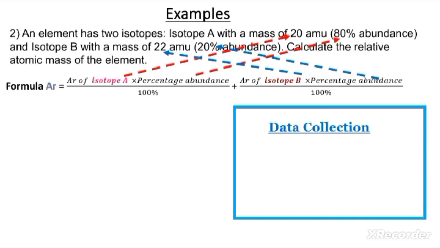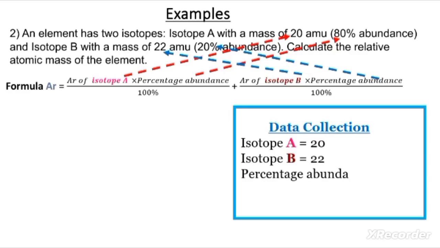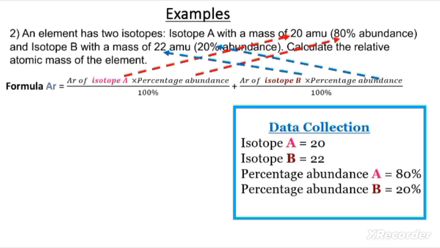Data collection: the atomic mass of isotope A is 20. The atomic mass of isotope B is 22. The percentage abundance of isotope A is 80%. The percentage abundance of B is 20% according to our question.